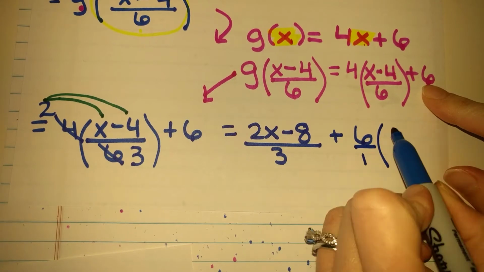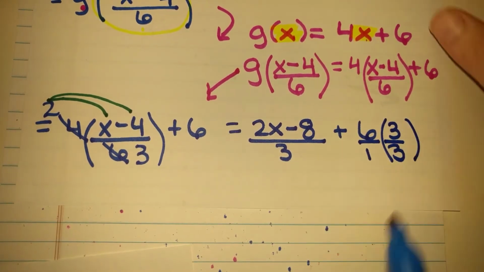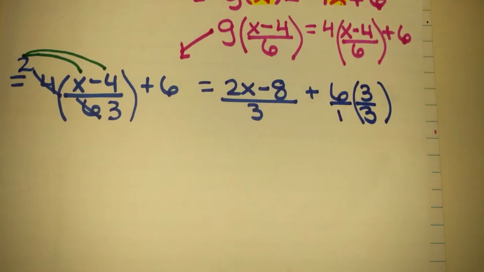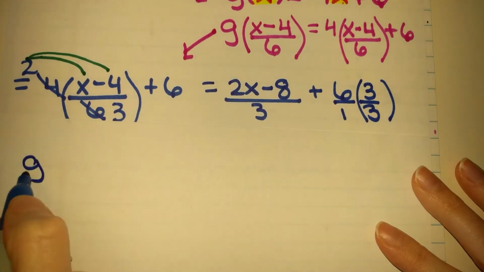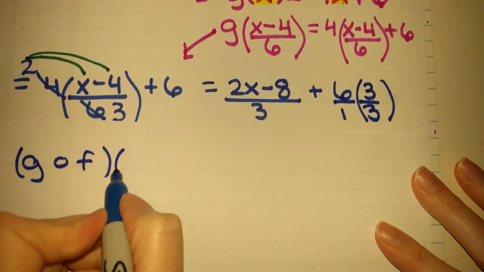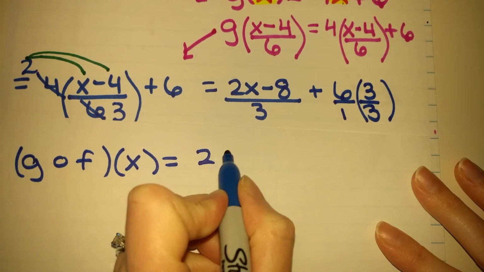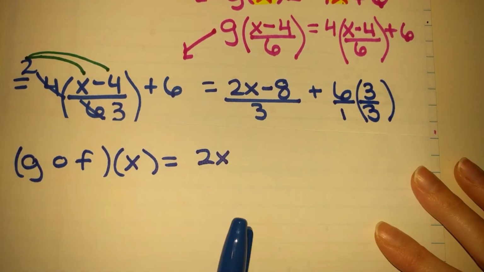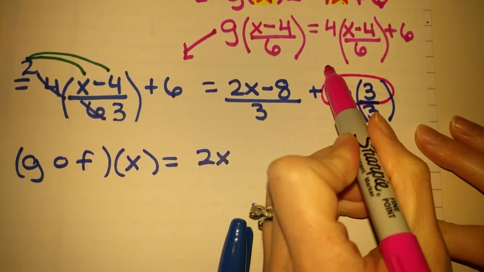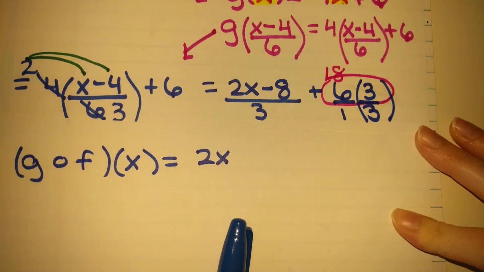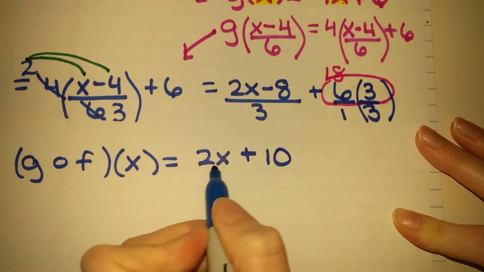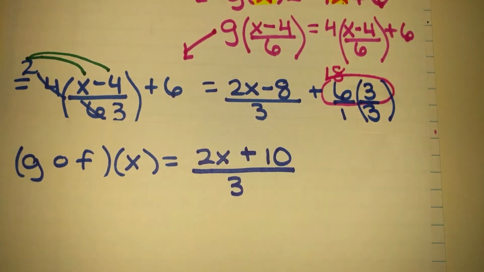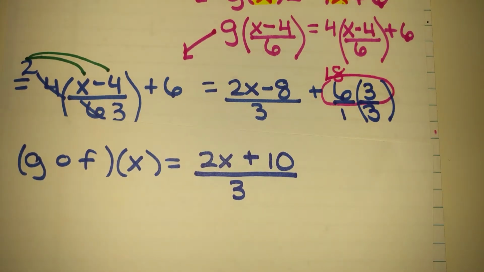So I would get a common denominator there of 3 over 3. And then when I combine, I will get the g circle f of x is equal to 2x, the negative 8 plus what will be 18 will give us a plus 10 over 3. And that would be g circle f of x for any generic x.